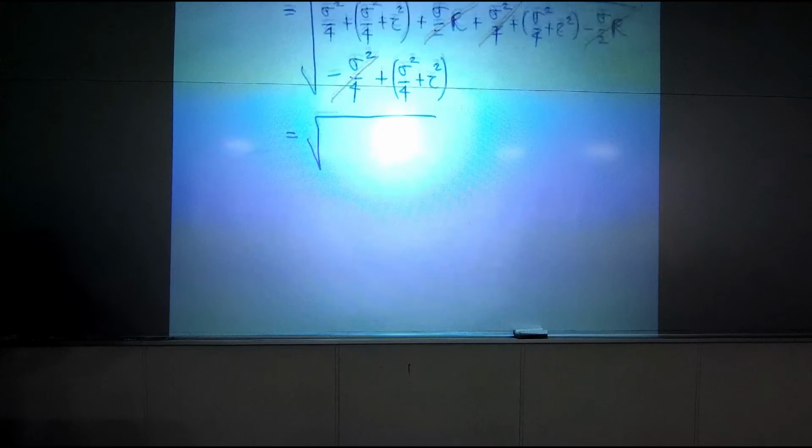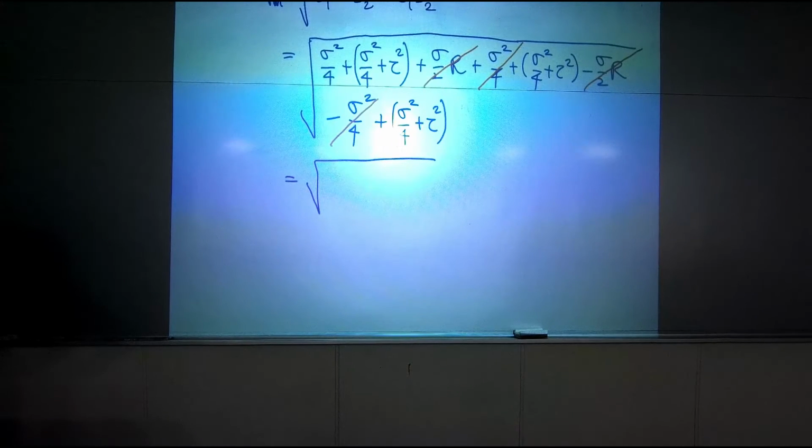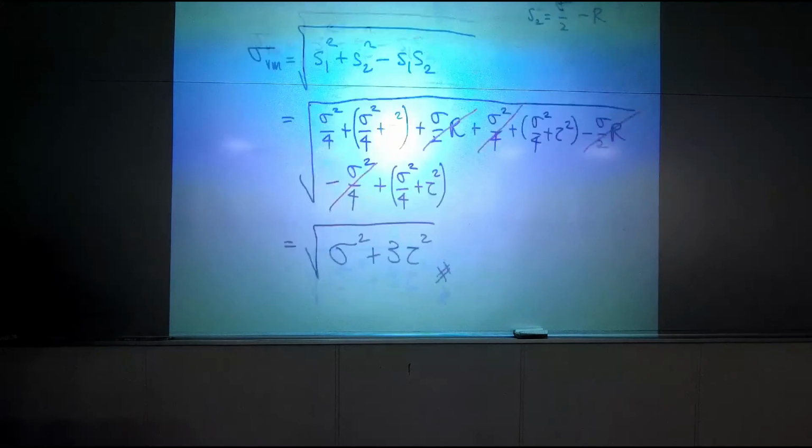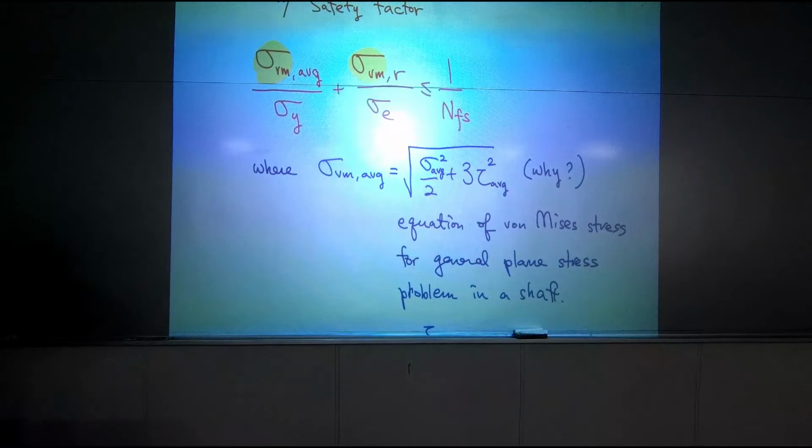My equation was wrong. It should be like this plus, yeah, should be like this. Okay, I remember I did it wrong right here. So it's good that I derived it. Okay?